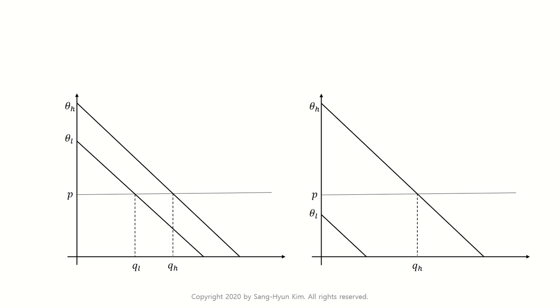So maybe the seller just wants to focus on the high type consumer. But as I said, we want to focus on the left case, where theta L and theta H are not very different.